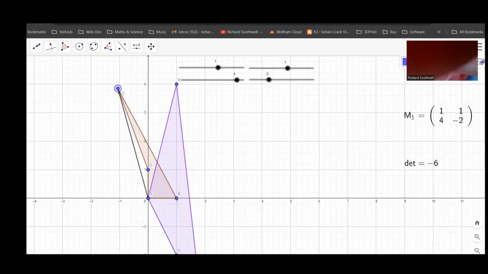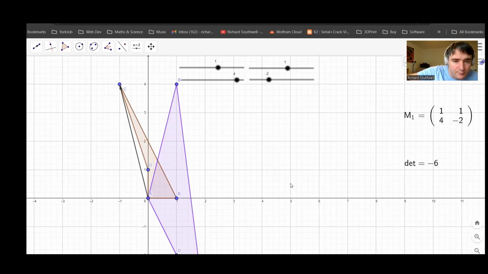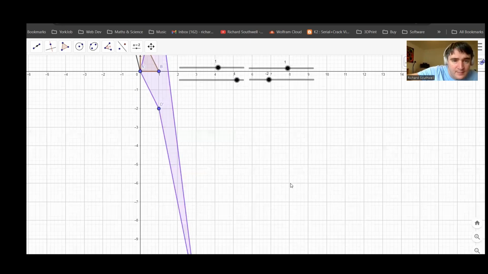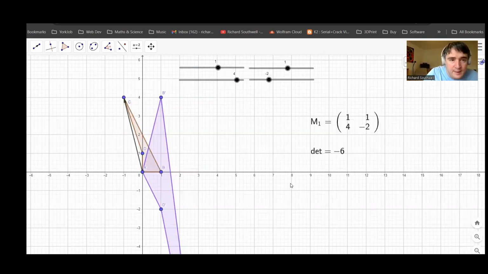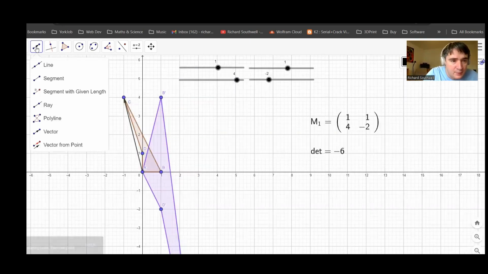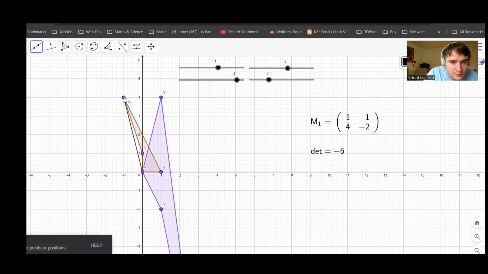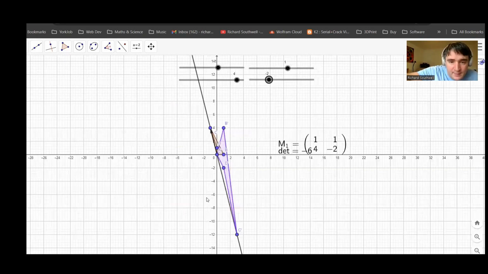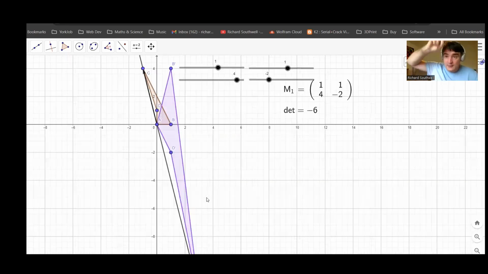So if we have a look now at this vector minus 1, 4, maybe it's not so easy to see, but I think its image is lying on that straight line. So if we draw a straight line through C and the origin, we'll have to zoom out a bit. Yes, we see that the image does indeed line up.